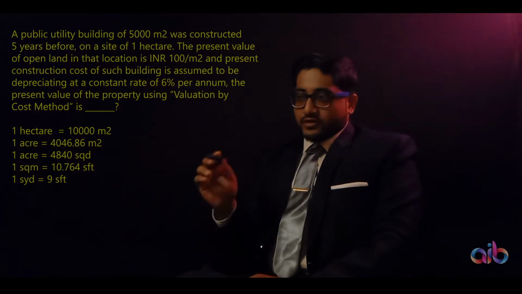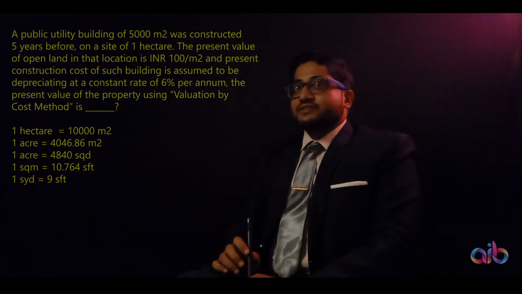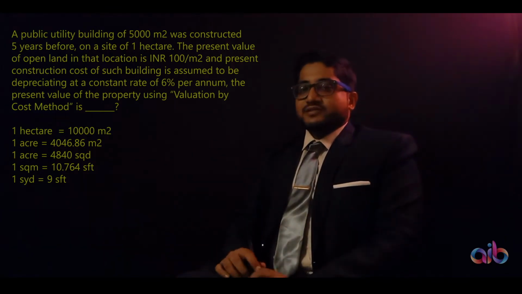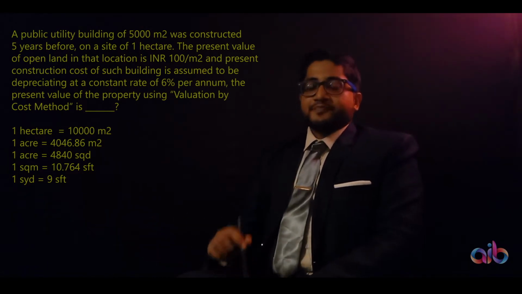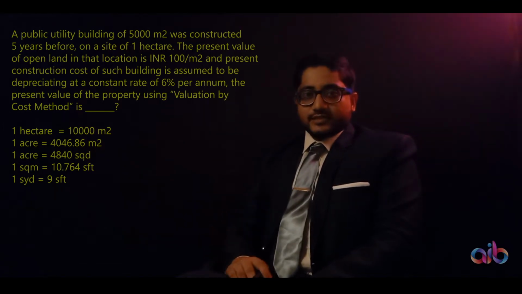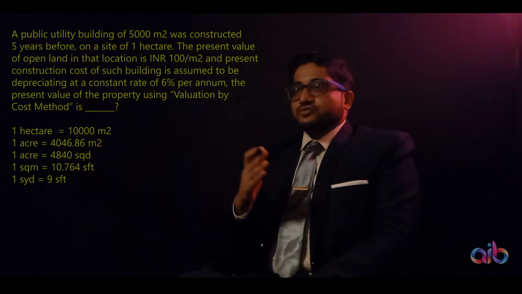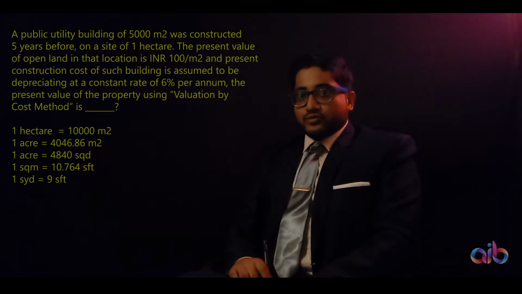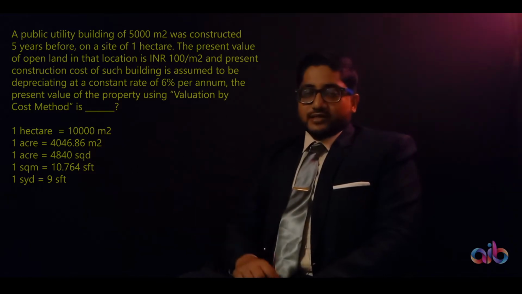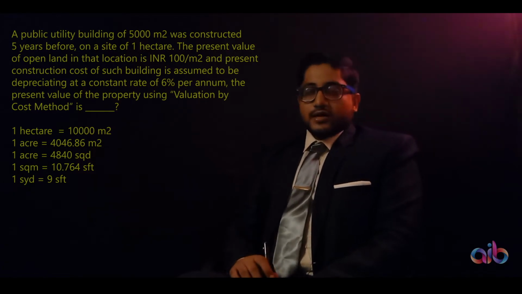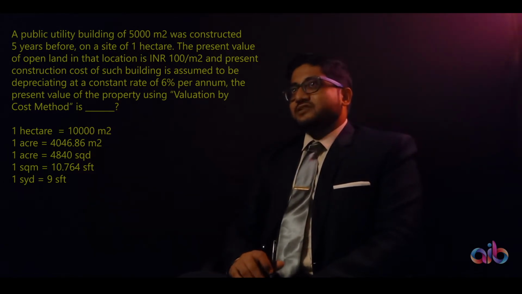Now before I move on further in this question, there are a few things you must always remember for any exam or even in daily life. Just like 1 kg is 1000 grams, similarly you should know the conversion between acres to square meters, 4046.86, between acres to square yards, 4048, and between hectares to square meters, that is 10,000, and obviously acres to hectares you can do, and meter squared to feet squared, 10.764, and between square feet and square yard, 1:9.